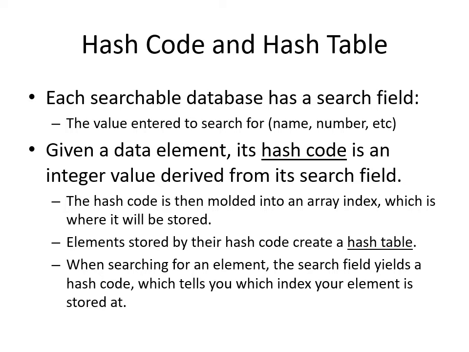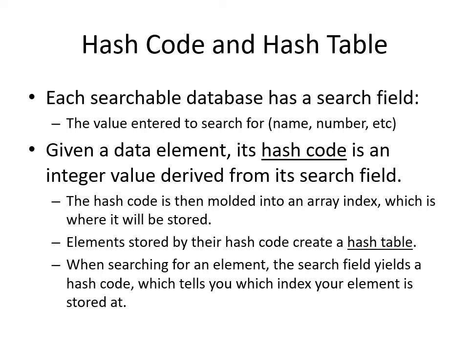So once that hash code determines where the element is going to be stored, then searching for an element will take that search field, derive the hash code, look in the array at that index, and we should find it there. So that is really all there is to it. It's a really simple concept.